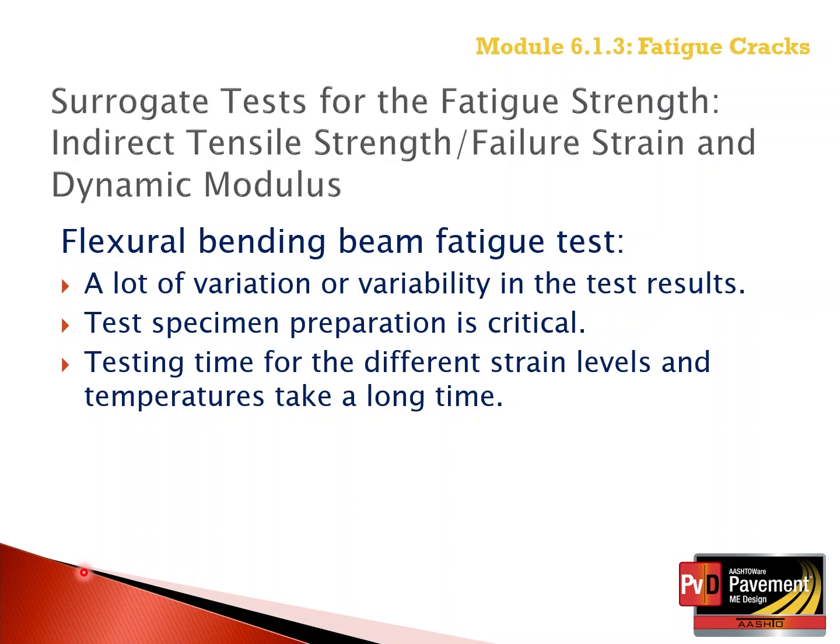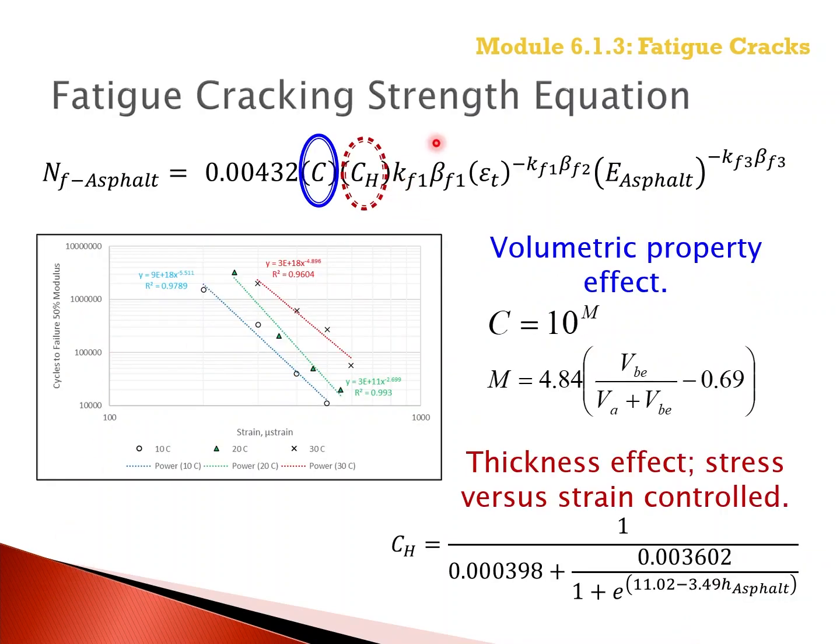As such, the indirect tensile strength, failure strain, and dynamic modulus test has been used to estimate the coefficients of the bottom-up fatigue cracking transfer function. In other words, the indirect tensile strength and dynamic modulus test are used to estimate the fatigue strength parameters of KF1, KF2, and KF3 in the laboratory.